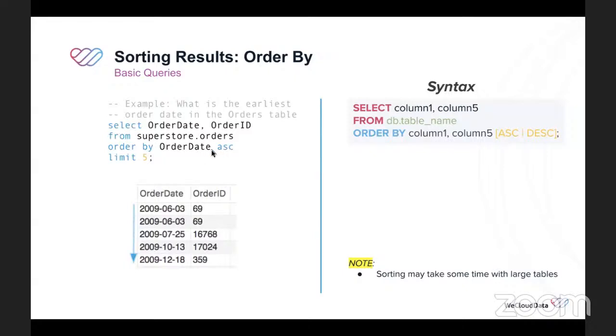In that way, if there are any duplicates, so let's say for this one, there are duplicates, but the order ID column is different, for example, then you will go to the order ID column, the second column that you define, and then sort the table according to your direction. Okay? For the ascending and descending, you can apply that to each column in your order by. Okay? So you can have one column that is ascending, the second column to be descending.